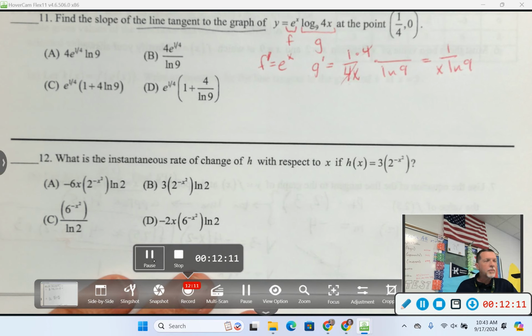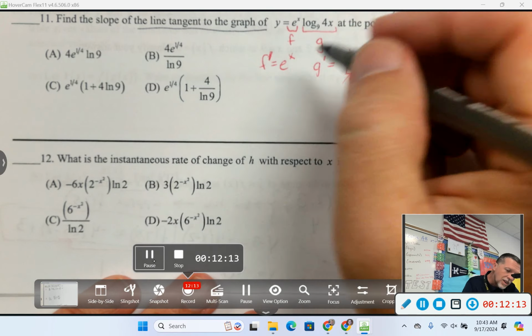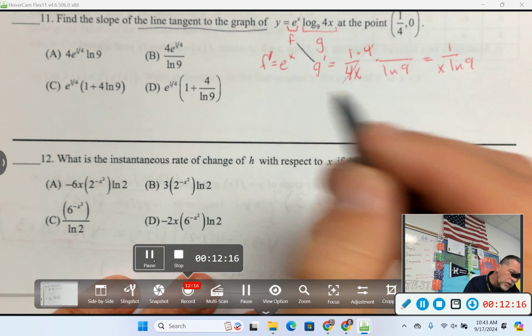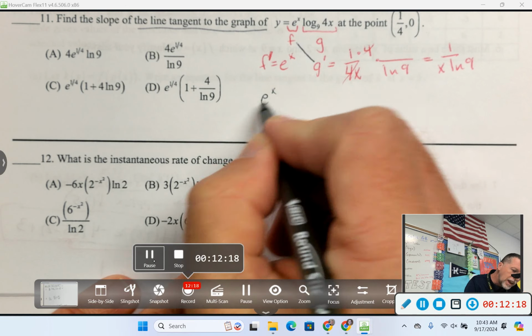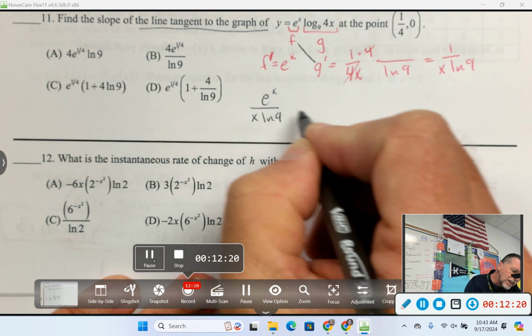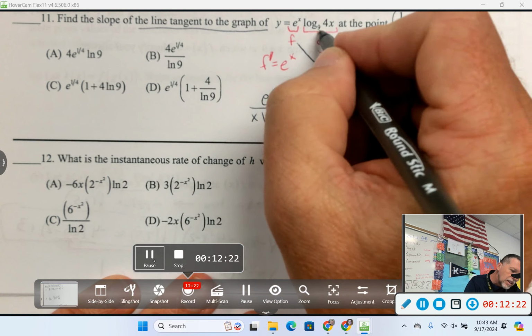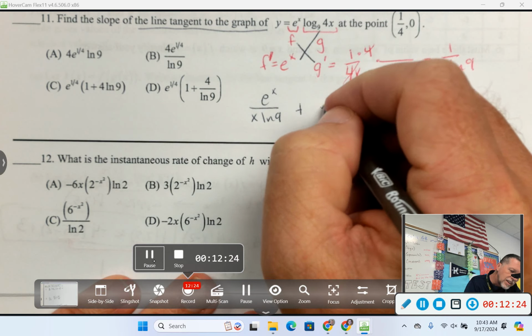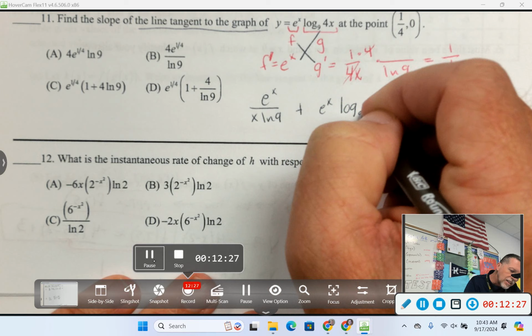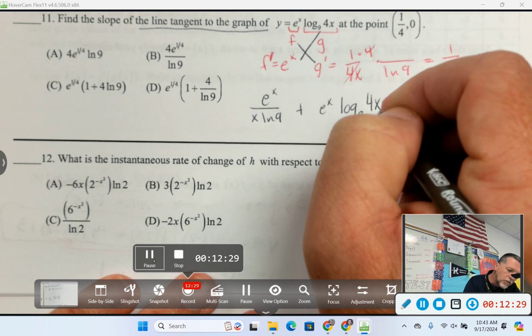But now I've got to put the pieces together, so we'll do f g prime would be e to the x over x natural log 9 plus e to the x log base 9 of 4x.